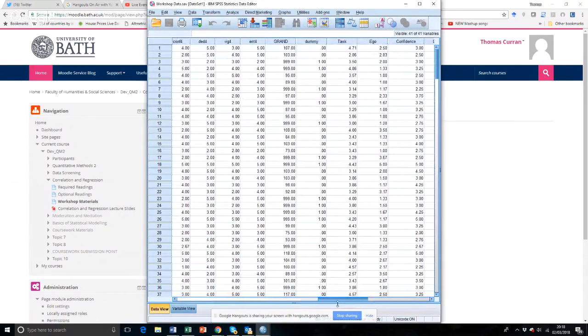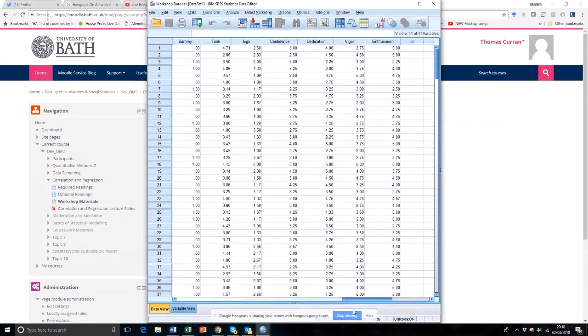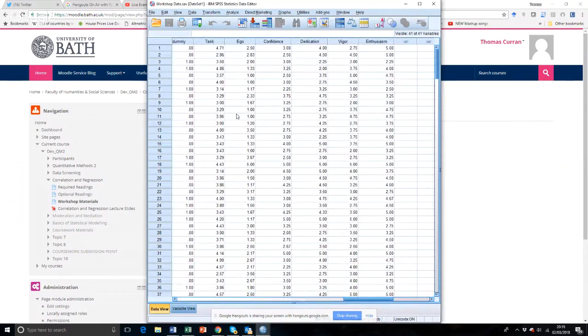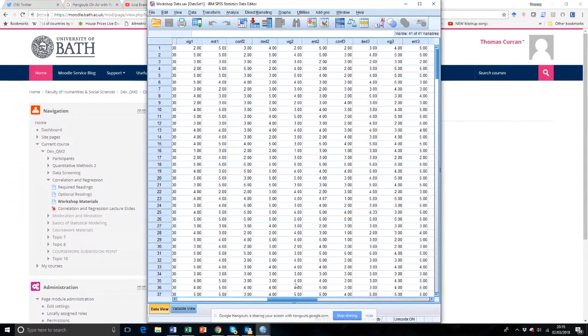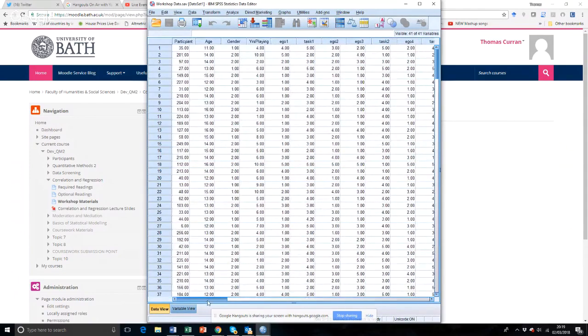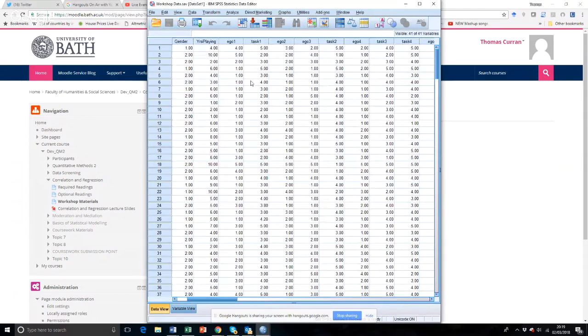So essentially, to calculate these variables, I've created task orientation, ego orientation, and four measures of engagement. Let's take task orientation.